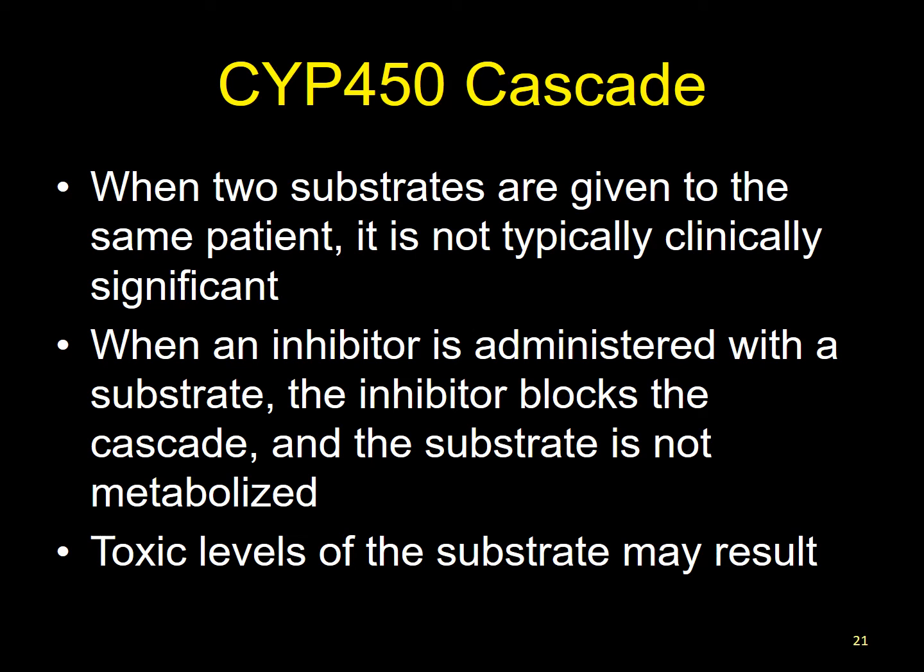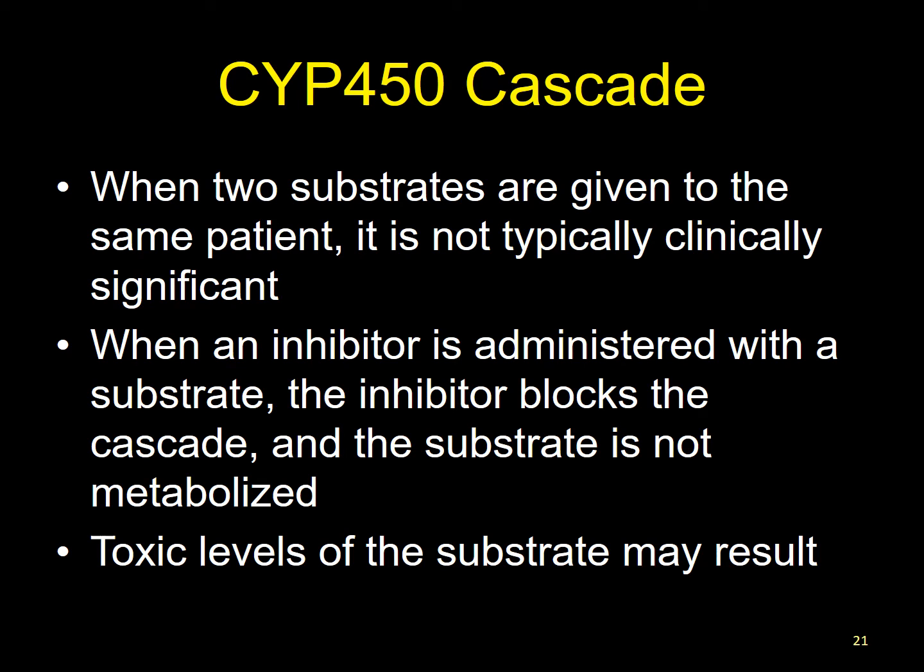the inhibitor can inhibit the cascade from acting, so then the substrate cannot be metabolized. And the concern then is that you wind up with toxic levels of the substrate. And to go back to my door analogy, if you give one drug that's a substrate of cytochrome P450, that's the drug that wants to walk out the door.